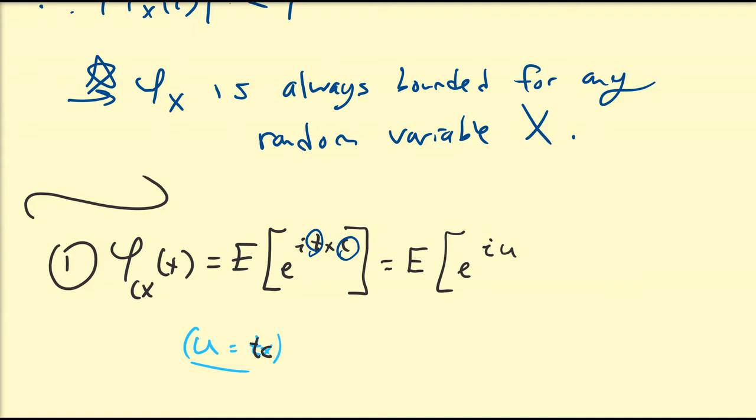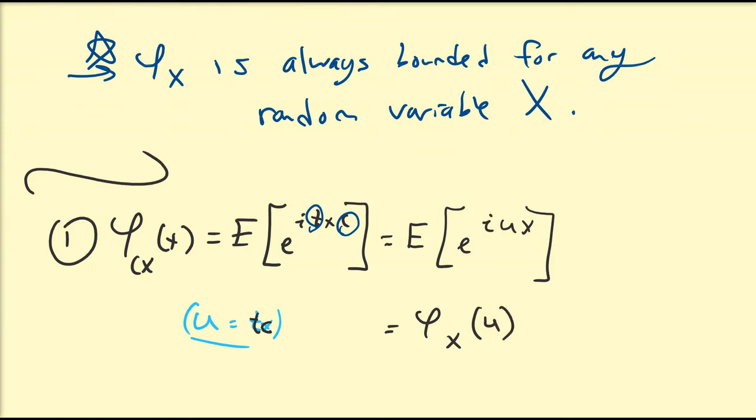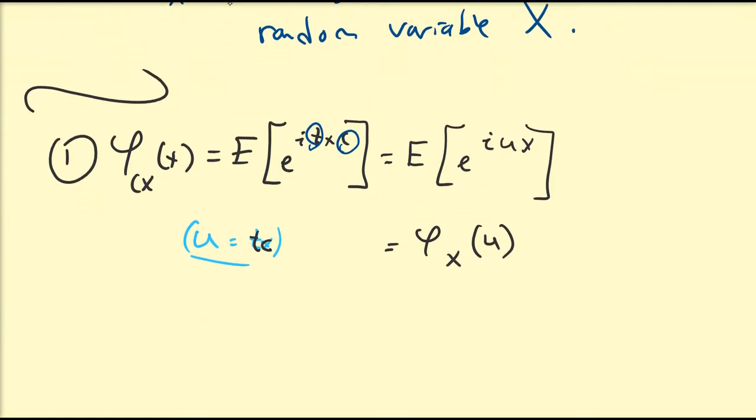Which, by definition of the characteristic function, is just the characteristic function of x in the variable u. But we already defined u to be equal to tc, so that means phi of cx of t is precisely equal to phi of x of ct.